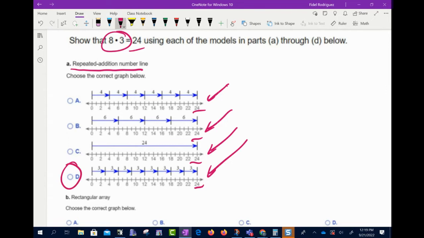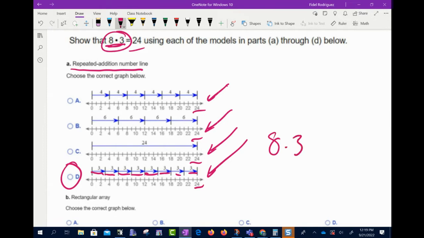Well, wouldn't you guys say D does, right? Because it has the number 3 8 times. So look, 12 4s, yeah, that's still 24. 4 6s, yeah, that's still 24. 6 4s, yeah, that's still 24, but that's not what it's asking me. It's asking me which is the one that shows the 8 times 3, okay?